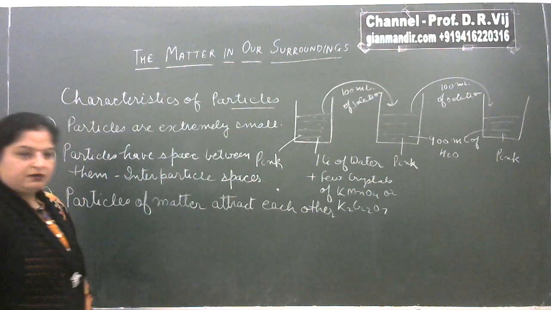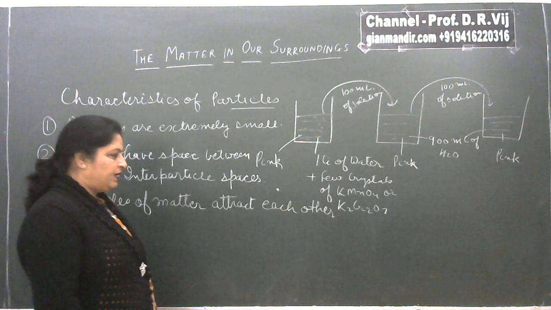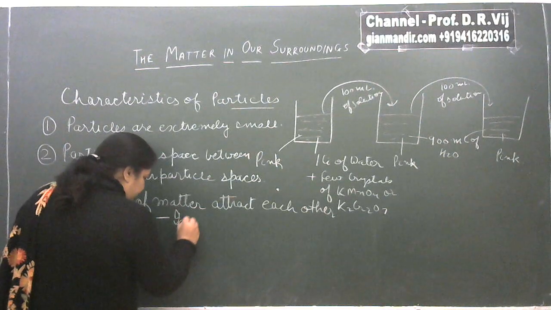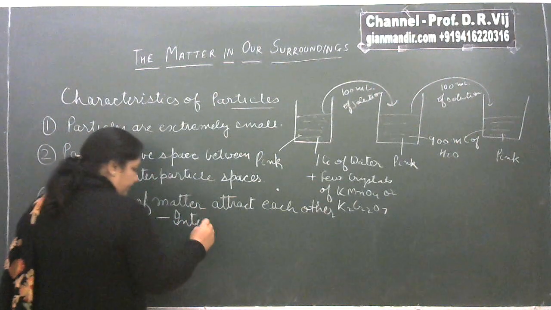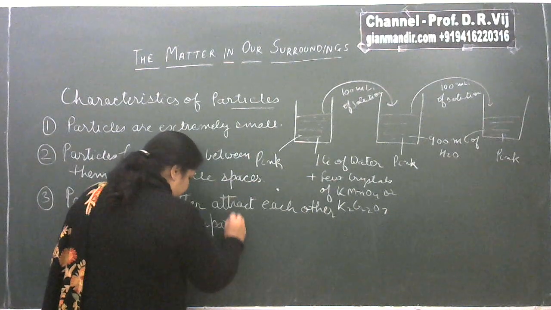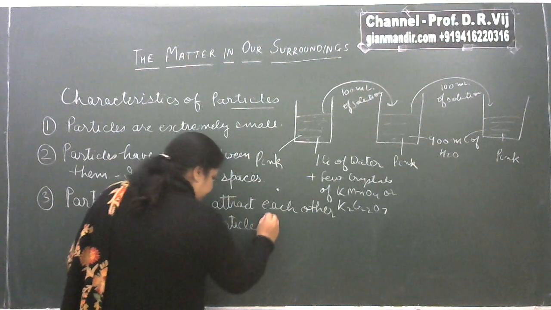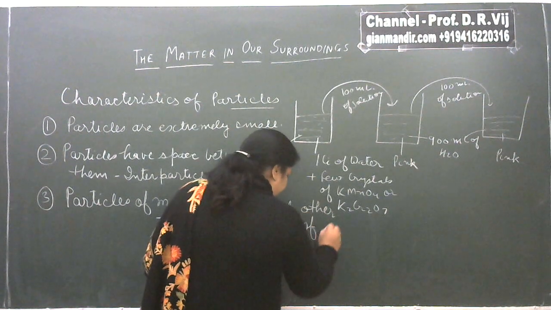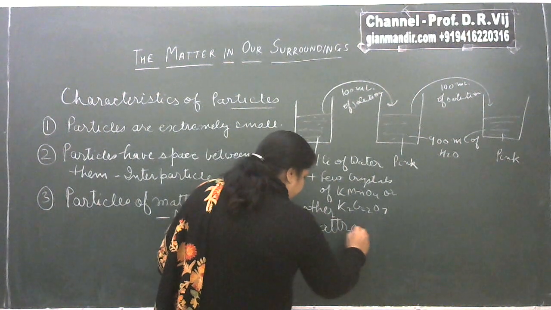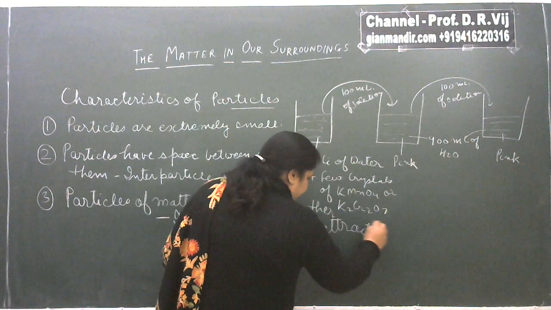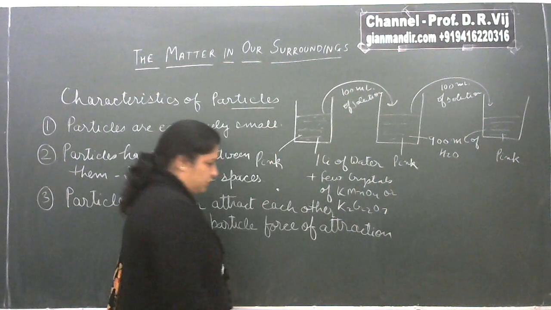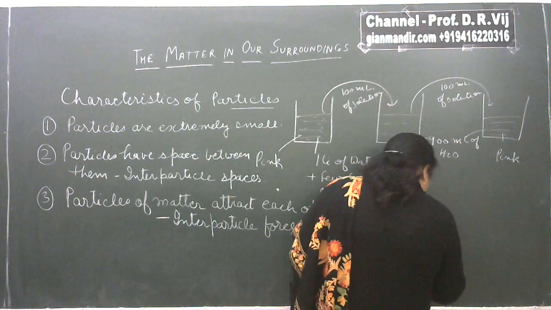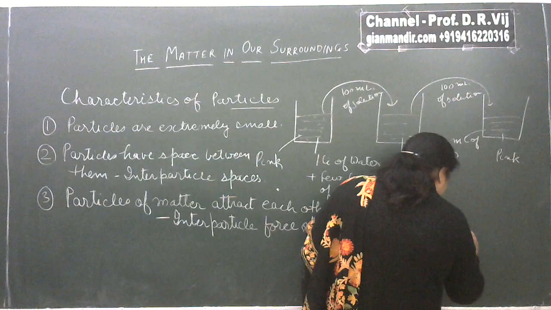All these particles of matter have a tendency of attracting each other, and this force of attraction between the particles of matter is known as interparticle force of attraction, or the same is also known as cohesive force.